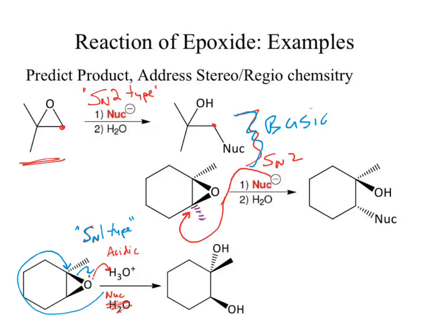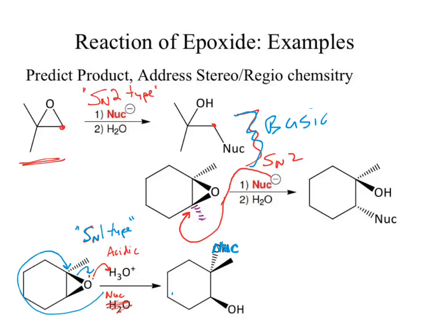So our nucleophile ends up coming in on the backside, and that's our end result. Does it say nuke? It says nuke, yeah. So even in this reaction, what's the relationship between the nucleophile and the oxygen?